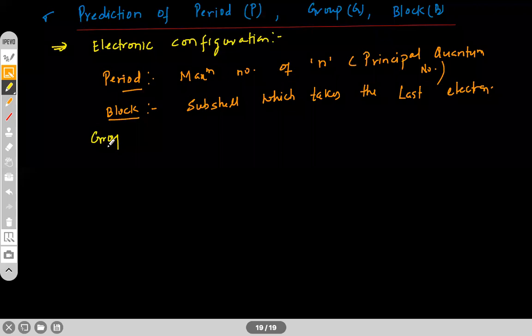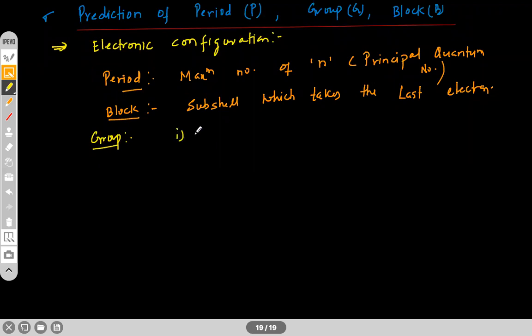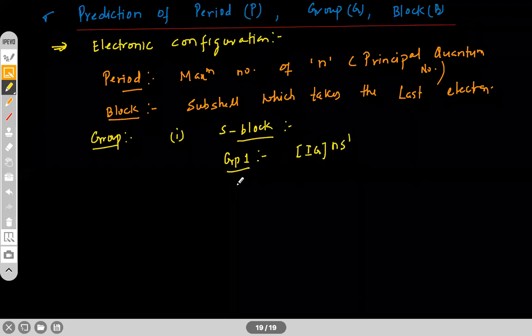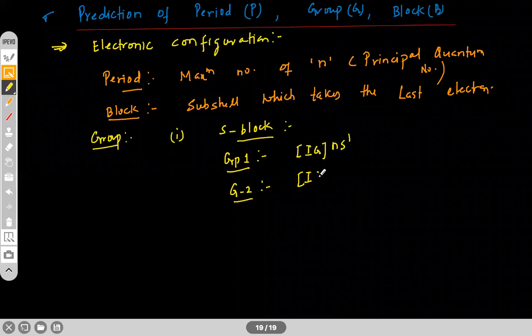Group, you have to be a bit careful to find out the group of the elements. For S block, because we can find out the block easily, the element belongs to group 1 if its configuration is some inert gas configuration plus ns1. We have seen this. The element belongs to group 2 if the configuration is some inert gas configuration and the outermost is ns2.